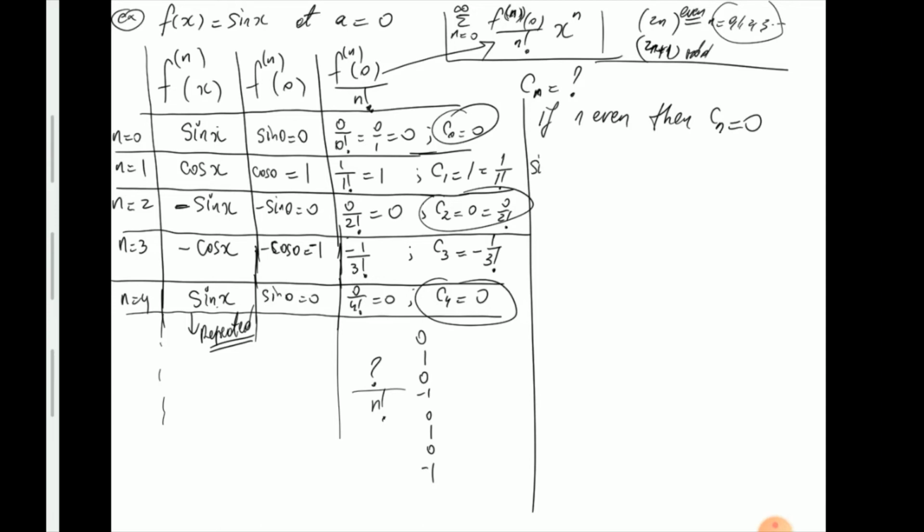So basically, if you write it term by term, the first non-zero one will be 1 over 1 factorial x to the first, that's when n equals 1, right? And then the next non-zero one will be for n equal 3, so the next one will be minus 1 over 3 factorial x to the power 3. And now you should see the pattern, right? The next one will be plus 1 over 5 factorial x to the 5th, and so on.